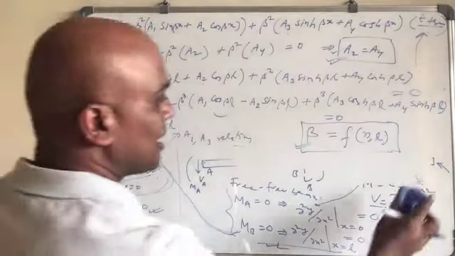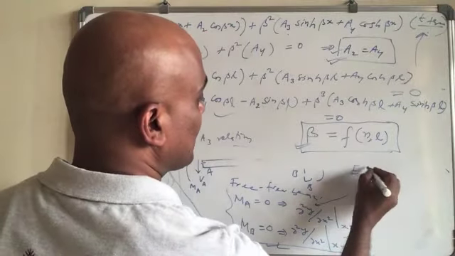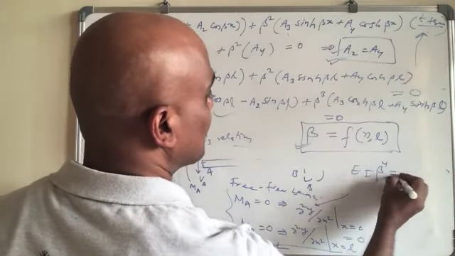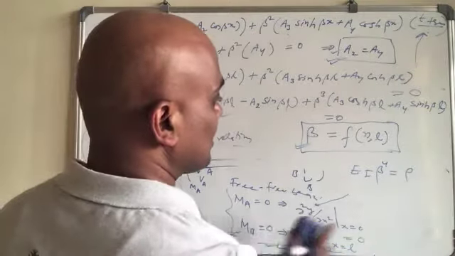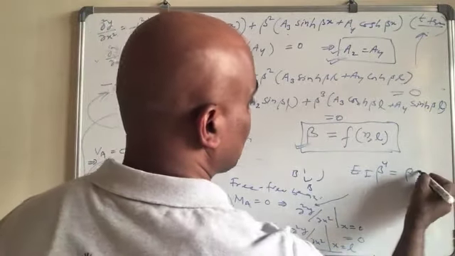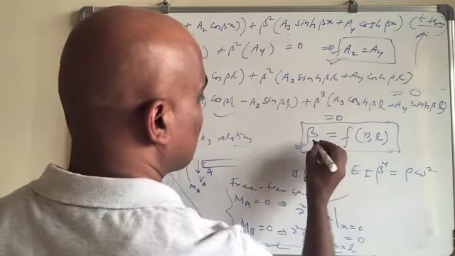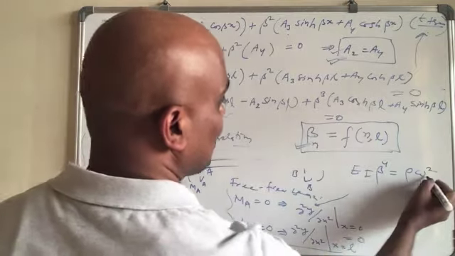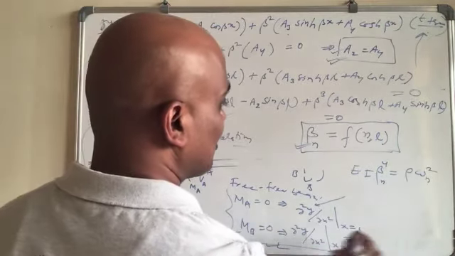And how the relationship will be, as we did earlier, we had EI, then beta to the 4 is equal to rho, and then we get omega square. Yeah? And hence this is beta, or beta n you can call it, right? Or omega n equal to this one, and from here you can find omega n.